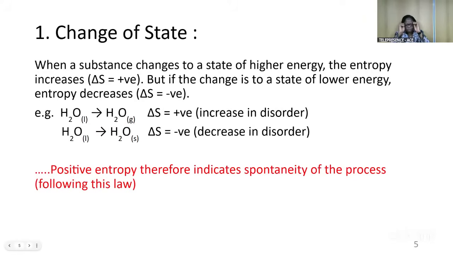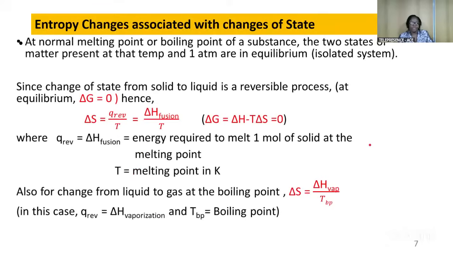If you have a change of state, for instance, when you have a substance that is changing to a state of higher energy, definitely in such a situation, the entropy of the system will be positive because the product side is having a higher amount of energy than the reactant side.